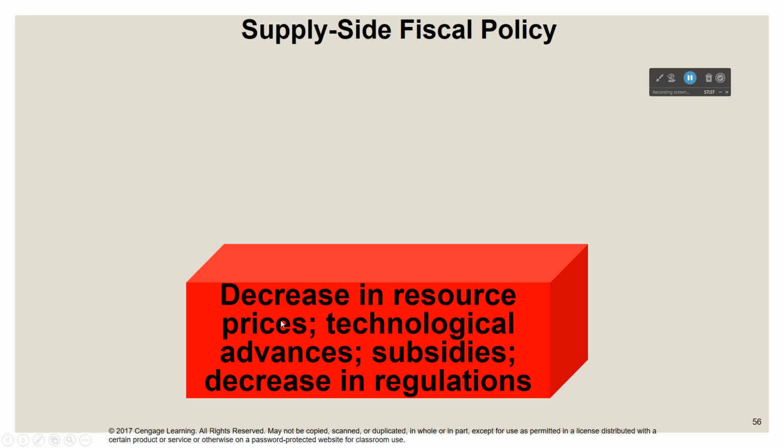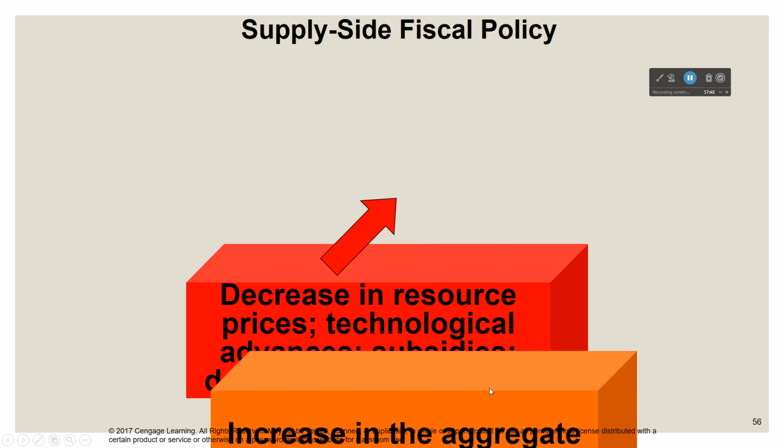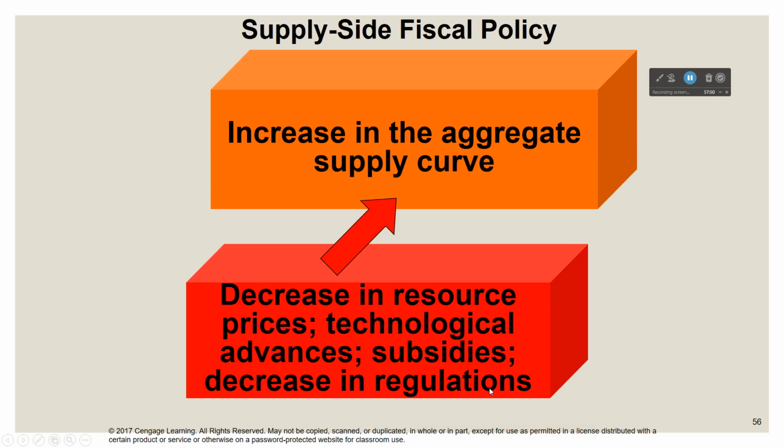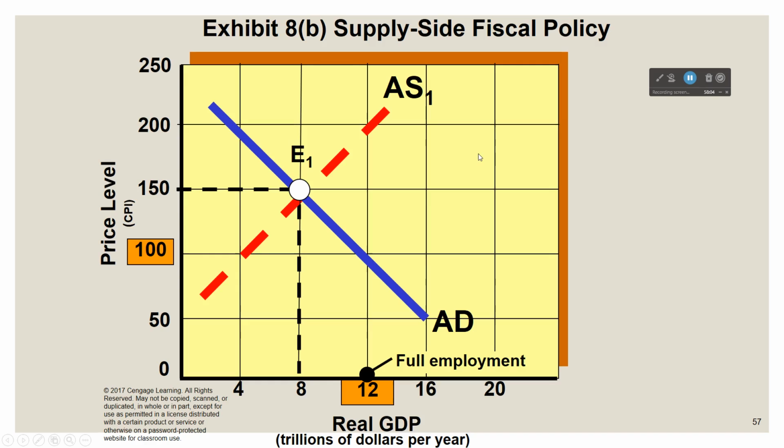Supply side fiscal policy: here, a decrease in resource prices, technological advances, subsidies, or a decrease in regulation can cause an increase in the aggregate supply curve. So you have to remember these. A decrease in resource prices, technological advance, subsidies, or a decrease in regulation can increase aggregate supply.